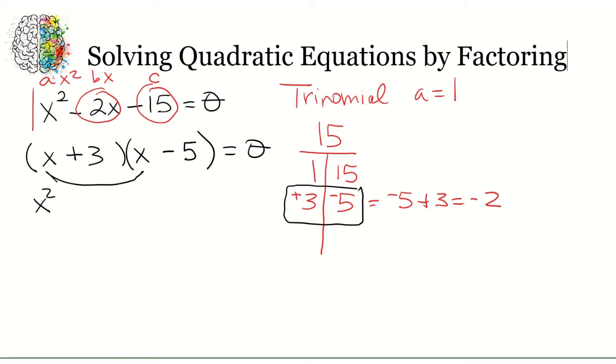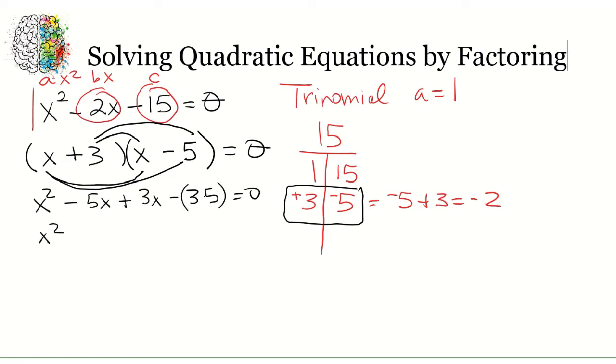If I take x times a minus 5, that's my outside, and my inside, and my two outsides, 3 times 5, that's going to give me x squared minus 5x plus 3x, so a minus 2x, and 3 times negative 5 is minus 15.